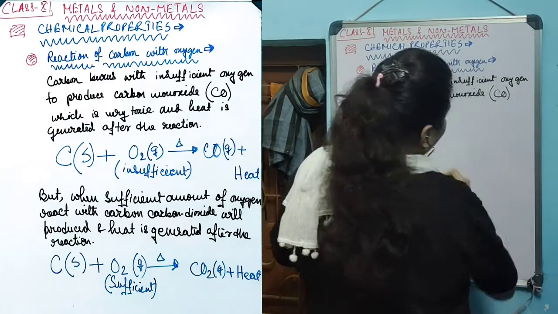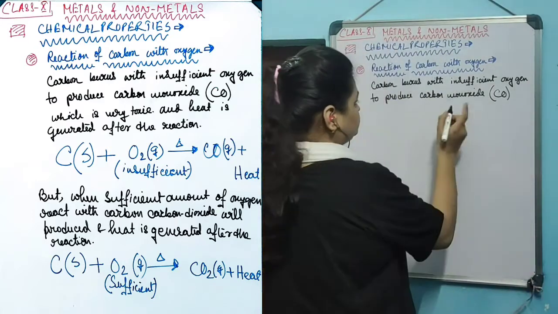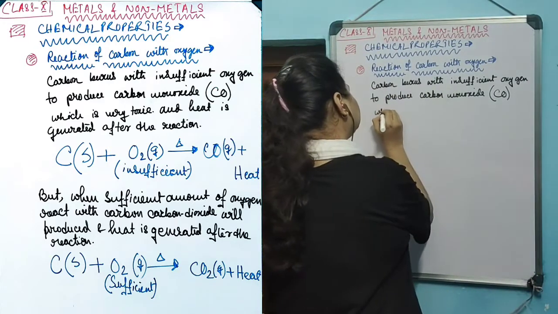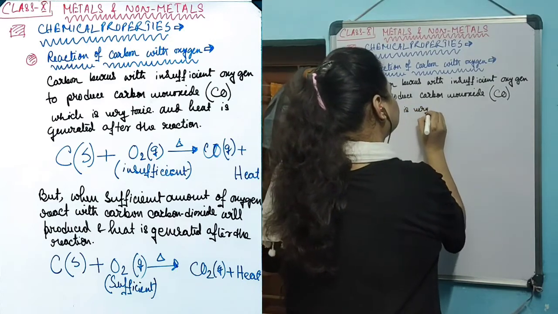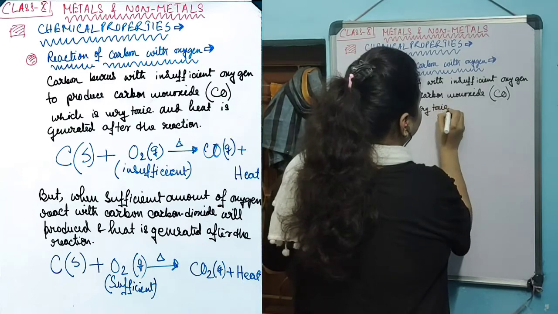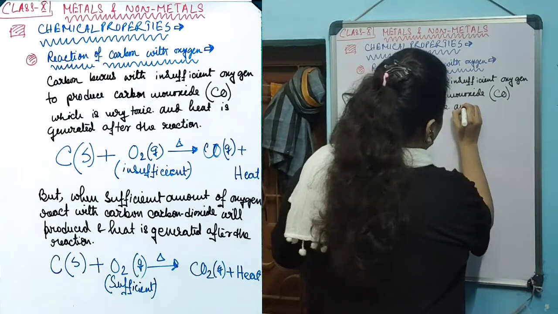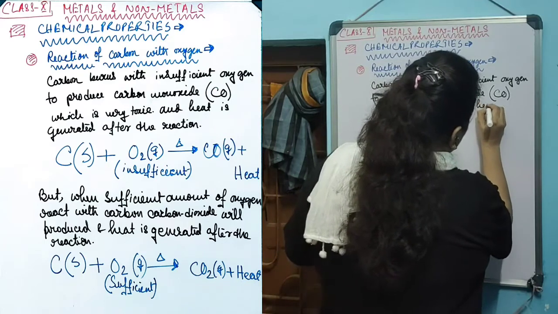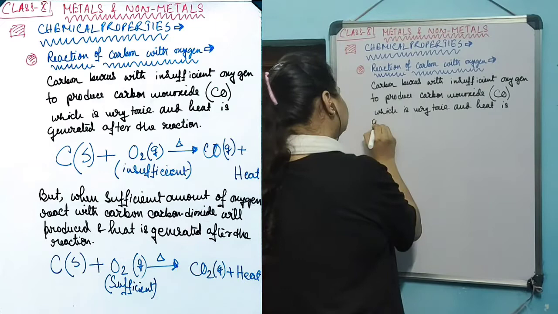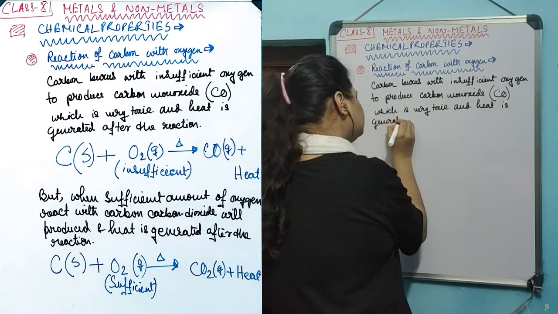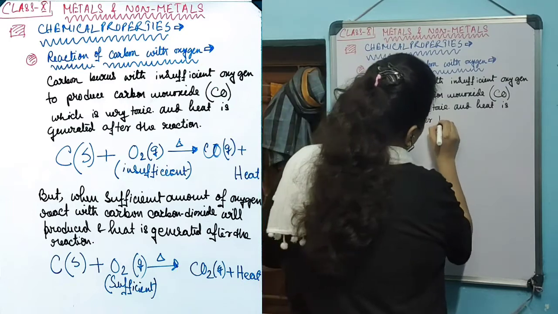The chemical formula of carbon monoxide is CO. It is gaseous in nature and also very toxic. And along with it, heat is generated after the reaction.